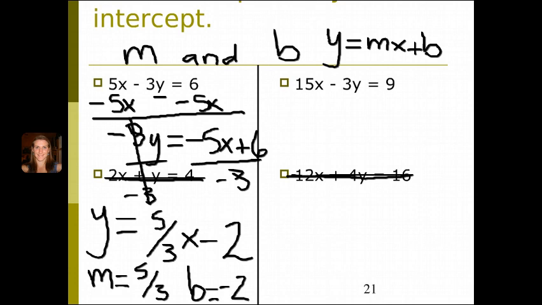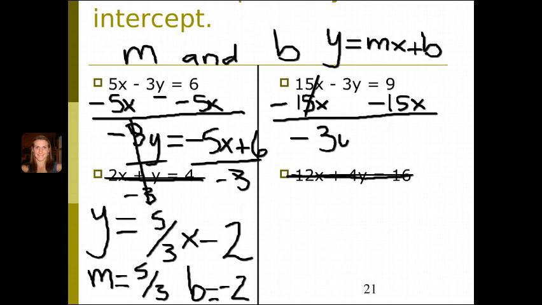All right. So to solve for y on the second problem, the first thing we want to do is subtract 15x from both sides. The 15x's cancel, and we're left with negative 3y equals negative 15x plus 9.